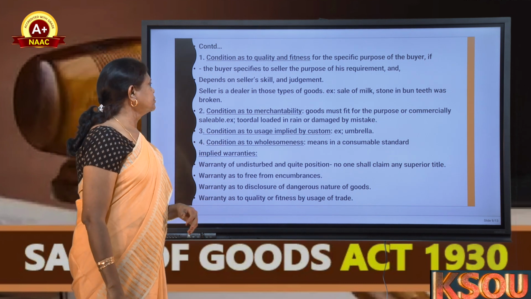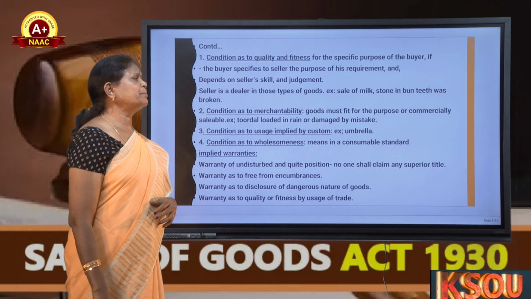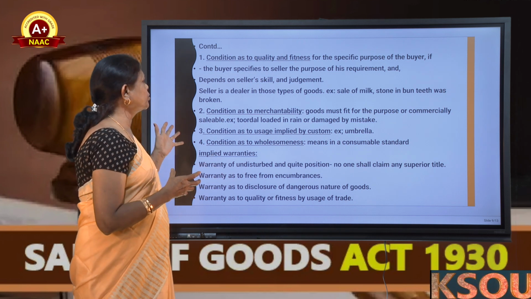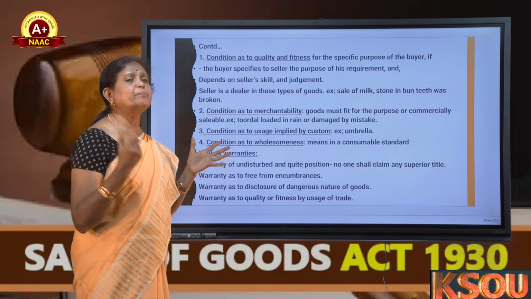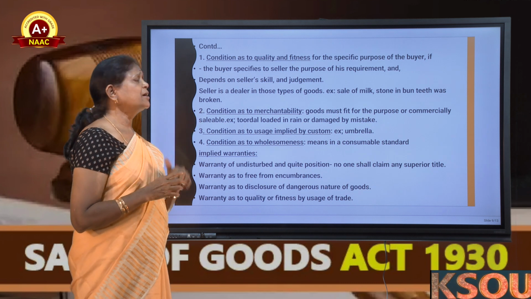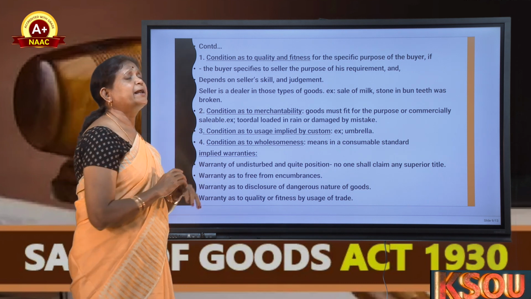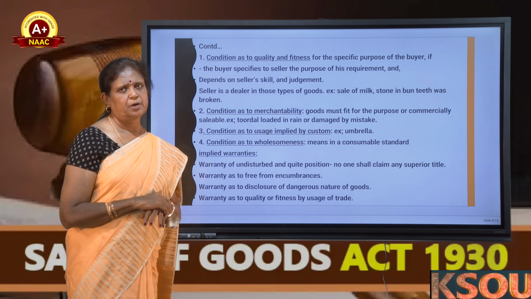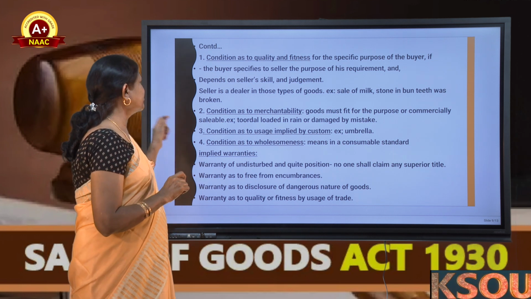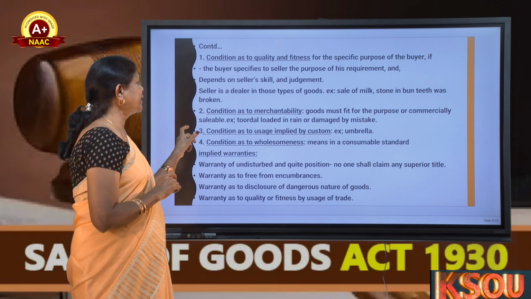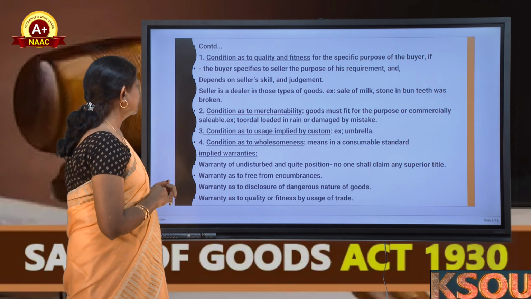The second condition is as to merchantability. Merchantability means it is fit for sale. Any goods which the buyer is going to buy must be fit for the purpose, and also of a resaleable value. That is merchantability. If any condition as to merchantability is violated, the buyer can reject the goods.